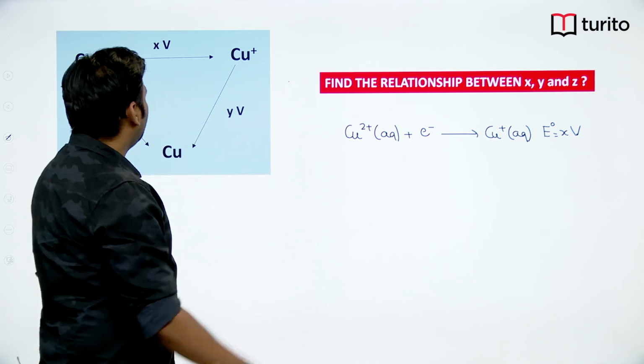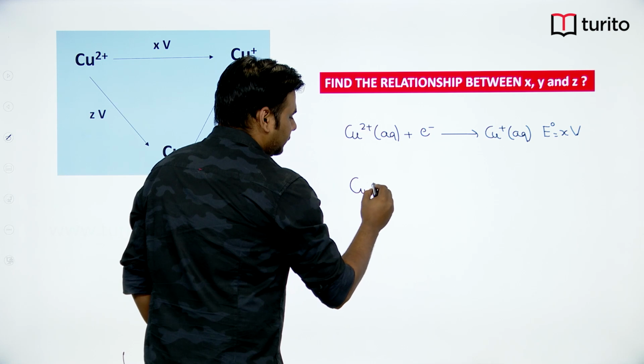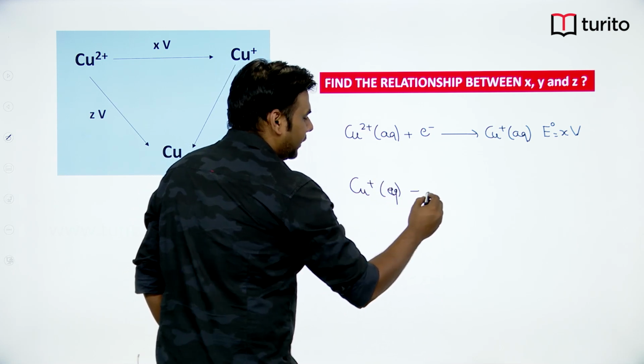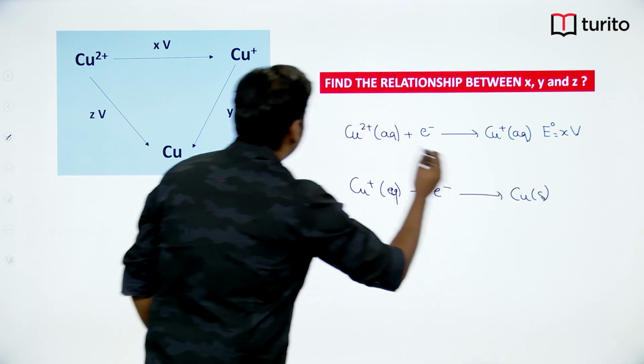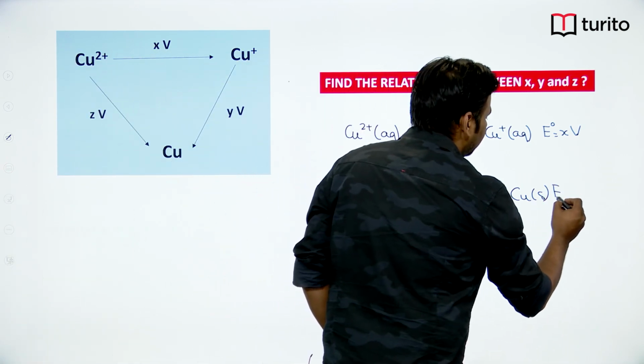Now let us look at this. Copper plus is taking up an electron and changing into copper. The reduction potential of this is given by Y volt.